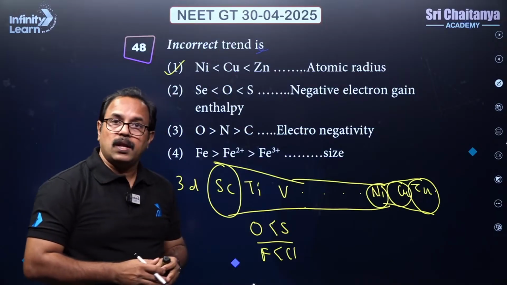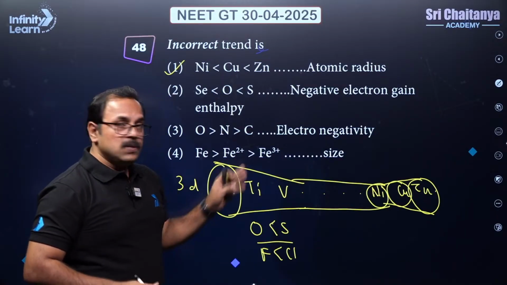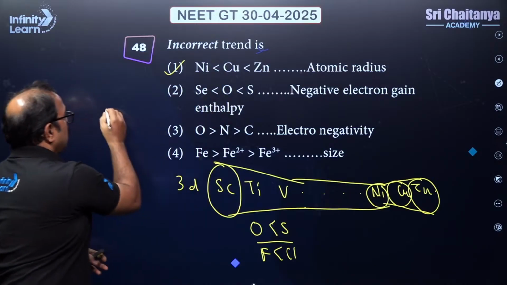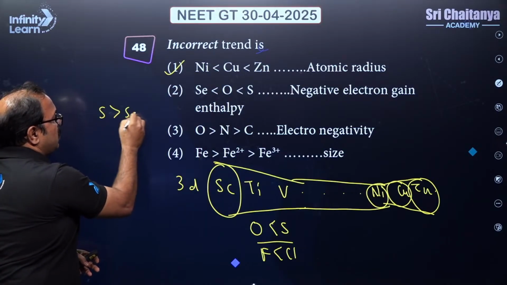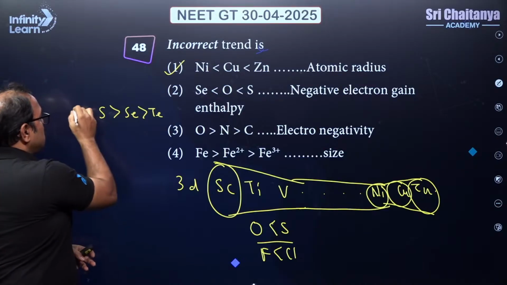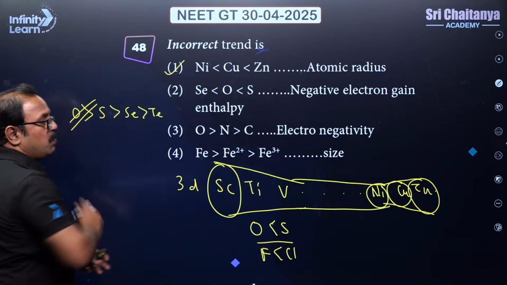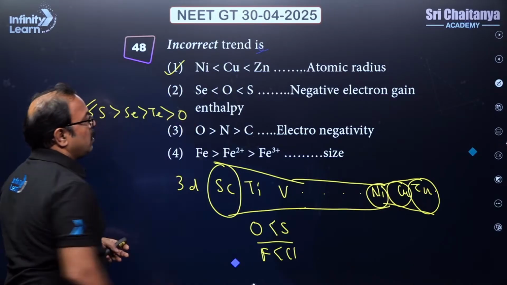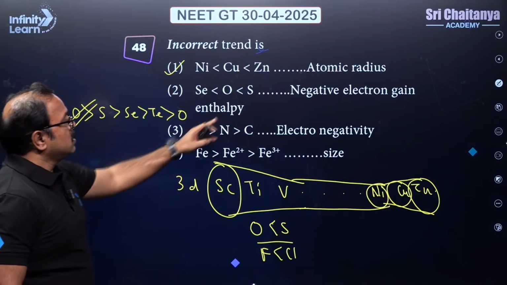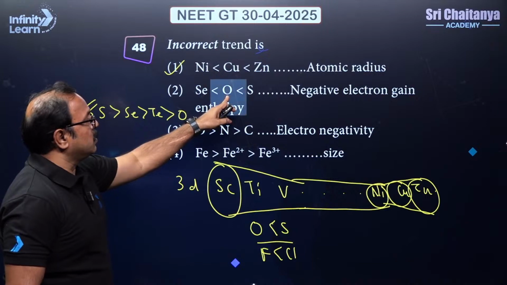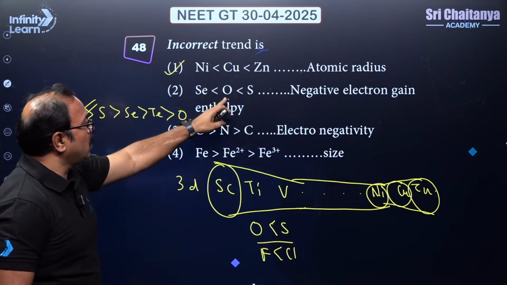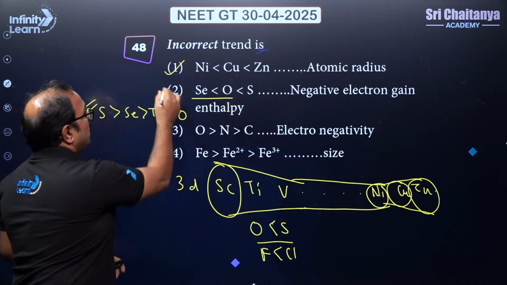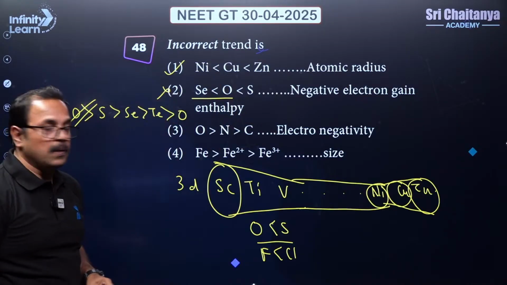Therefore, they have smaller electron affinity. Otherwise, in general, electron affinity decreases down the group. So in this case it should be sulfur more than selenium, tellurium. Oxygen should have been higher, but because of smaller size and repulsions, oxygen in fact is found to be lower than these members. So sulfur more than oxygen is right, but oxygen more than selenium is wrong. So the incorrect statement in this case is the second one.